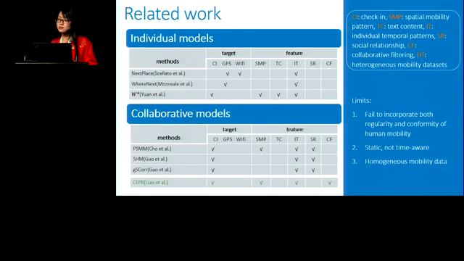And these existing models suffer from some limitations. First, they fairly consider both regularity and conformity of human mobility. Second, the collaborative methods of these models are all static. Third, they only use homogeneous mobility data, lacking the capacity to deal with heterogeneous mobility data.